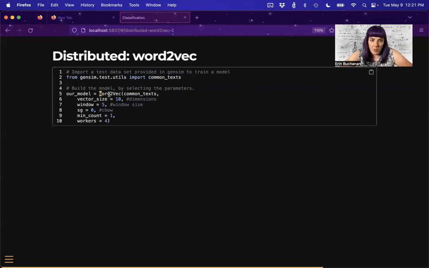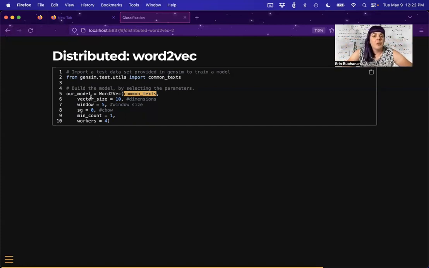Now, assuming that you've imported the Word2Vec function already, you put in the tokenized list. Unlike the count vectorizer and the TF-IDF transformer, where you just stick in all of the text and you're done, Gensim does require a tokenized list. So it's a list of documents that have been tokenized. So you do have to tokenize it first.